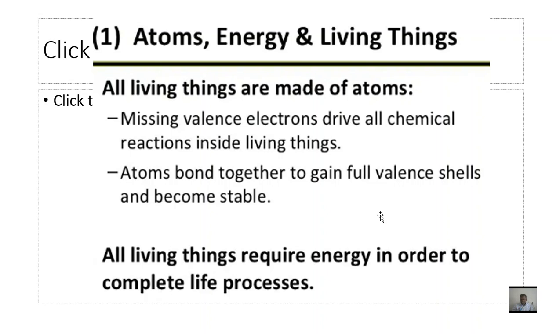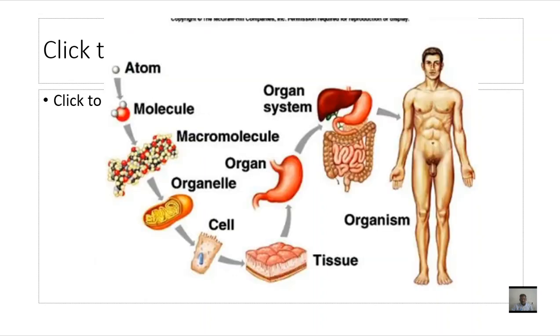So, atoms bond together to gain full valency shells and they become stable. All living things require energy in order to complete the life processes. So these are the information about the atoms, energy and the living things.